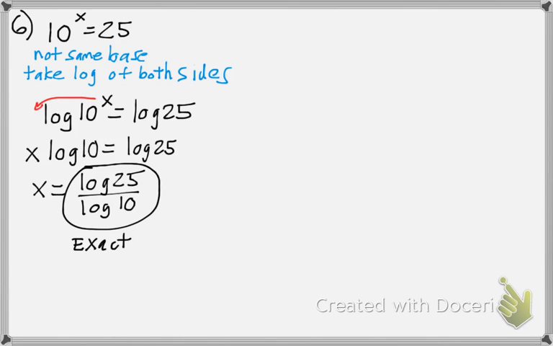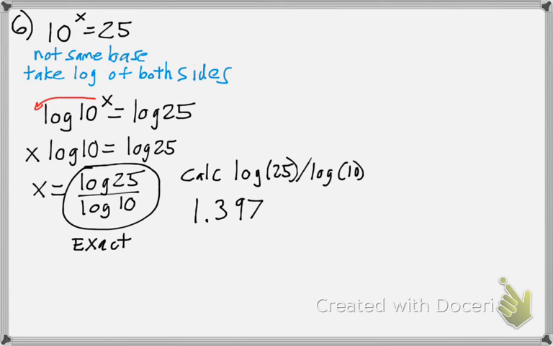If you type this into your calculator, so if you type in the calculator, log of 25, close parentheses, divided by log of 10, and they want 6 decimal places, so this should give you 1.397940.